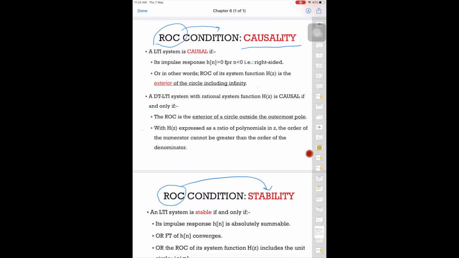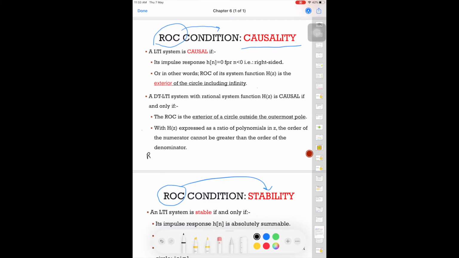So basically, for the ROC, the region is causal if the region is a right-sided region. Okay, I repeat.